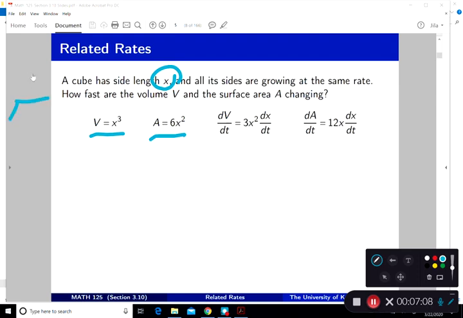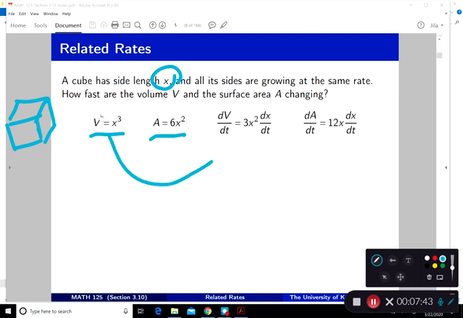Surface area: there are 6 squares in the cube that are the surfaces of the cube, so you have to find the area of each and multiply by 6. For volume, you just multiply width times height times length, and all of them are the same, so it's x to the power 3.